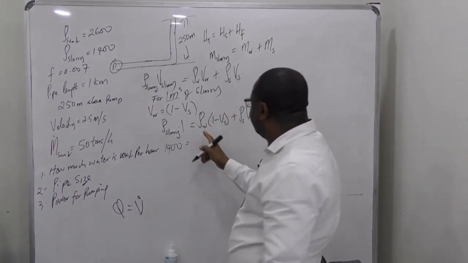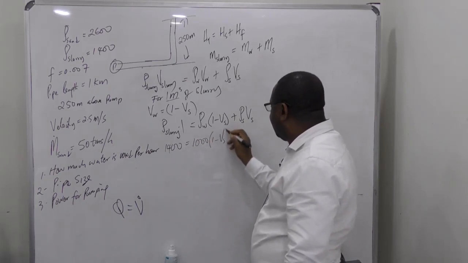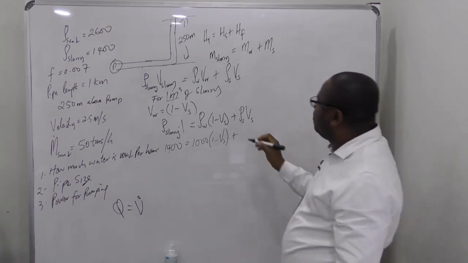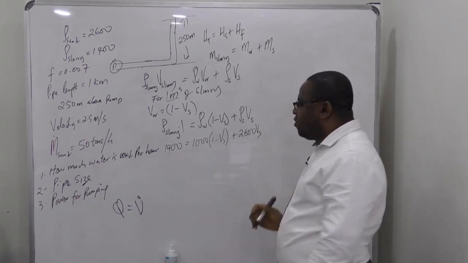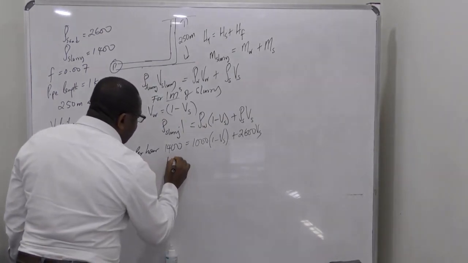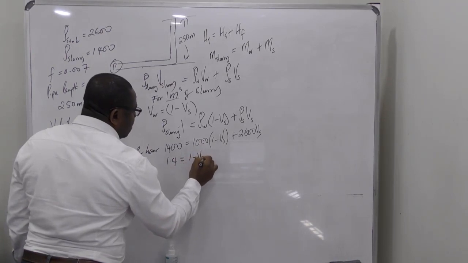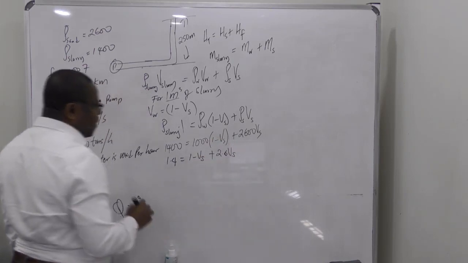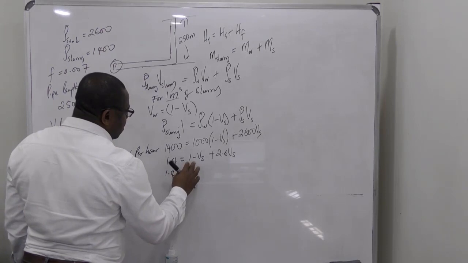So 1,400 equals that of water, 1,000, times 1 minus Vs, plus the density of sand, 2,600, times Vs. You can divide all through by 1,000 so that you have 1.4 equals 1 minus Vs plus 2.6 Vs.